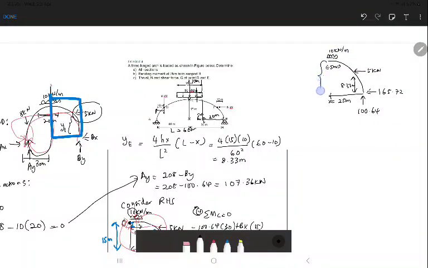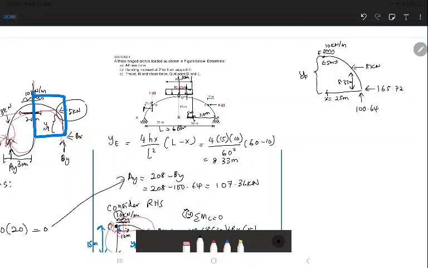If we consider this one as F, you need to find YF. So to get moment at F, in this direction positive, so you get MF here.